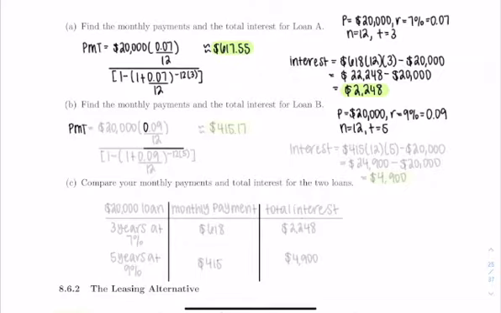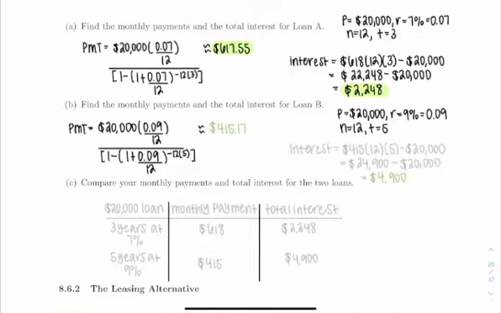So plugging this into the formula, we have 20,000 times 0.09 over 12, and then the whole thing is divided by 1 minus (1 plus 0.09 divided by 12) raised to the negative 12 times 5.